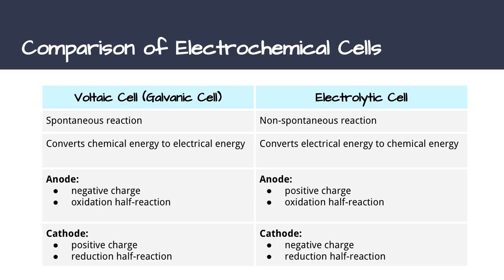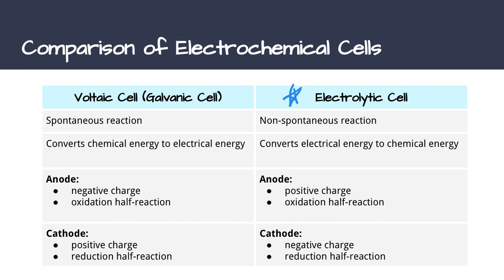Before we get into what a voltaic cell is and what it looks like, I want to start out with a comparison of different types of electrochemical cells, because in later lessons we're going to learn about another type called the electrolytic cell. So it's worthwhile doing a comparison now.